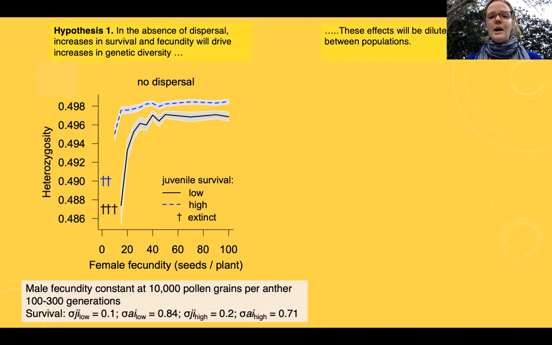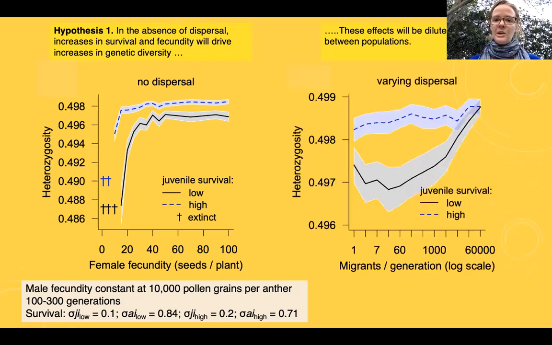And the second part of that hypothesis was that these effects would be diluted by dispersal between populations. And that's certainly what we found. Up to about 50,000 migrants per generation, we found differences in those two juvenile survival scenarios, but beyond that, there were no differences.